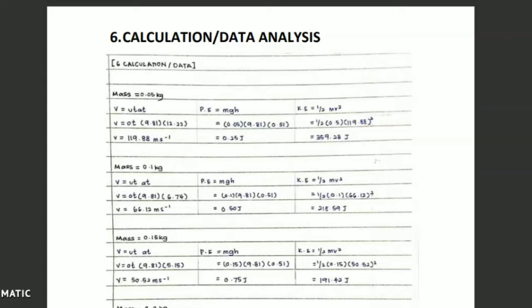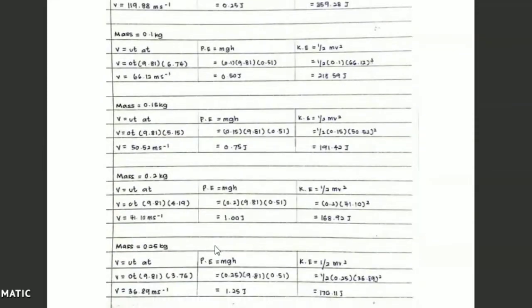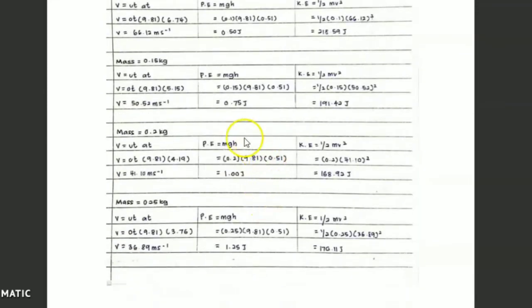So this is the calculation for 0.05 kilogram. This is for 0.1 kilogram. This is for 0.15 kilogram. This is for 0.2 kilogram, and lastly for 0.25 kilogram.